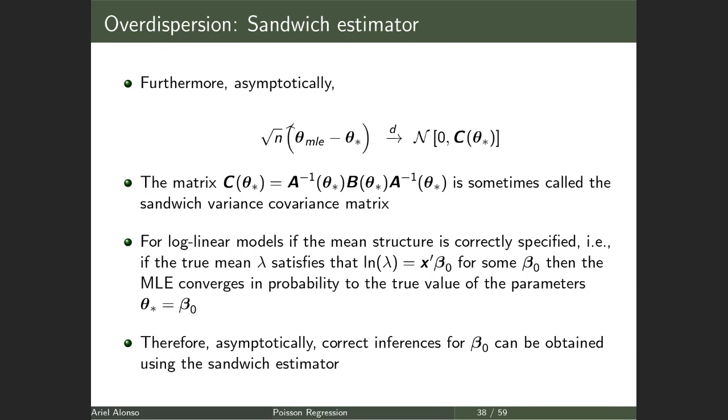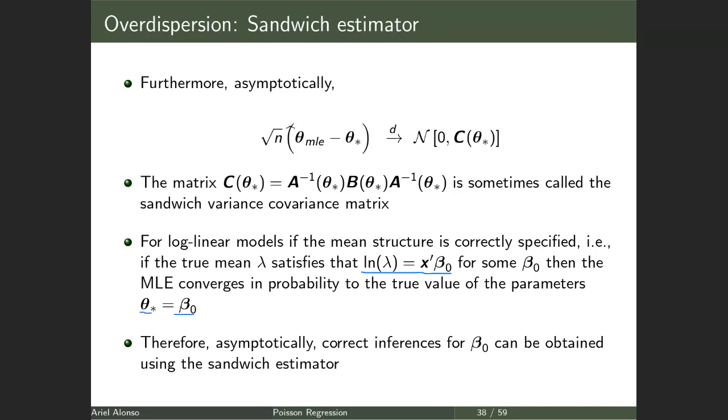Well, if you manage to specify the systematic part correctly, so if there is actually a value beta 0 for which the actual mean of this counting process is given like this, then theta aster will be equal to the true value of beta 0. So the maximum likelihood will converge to the true value of the parameters. But you need to make sure you specify the mean correctly.